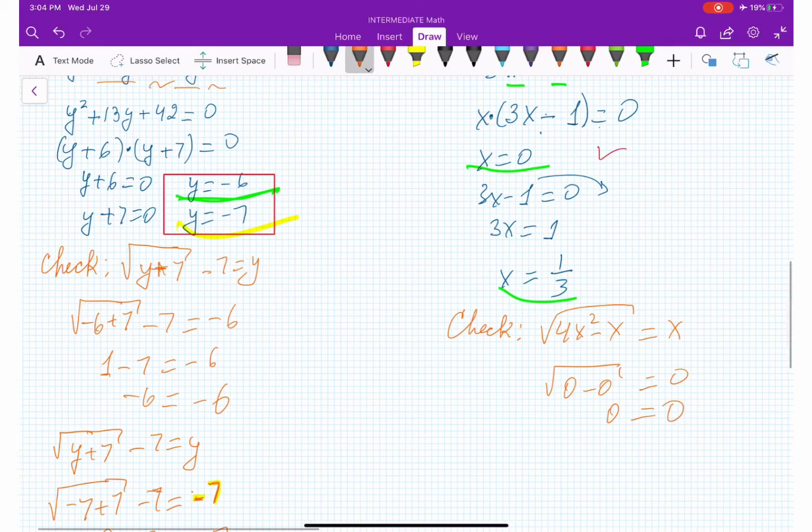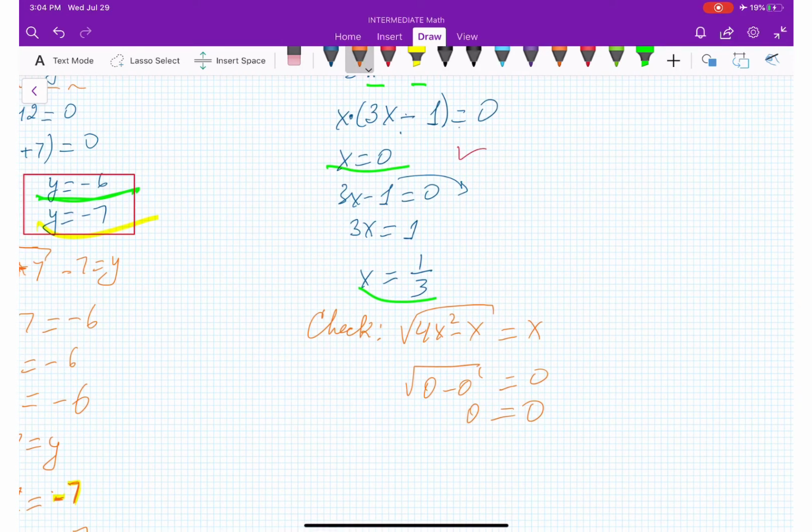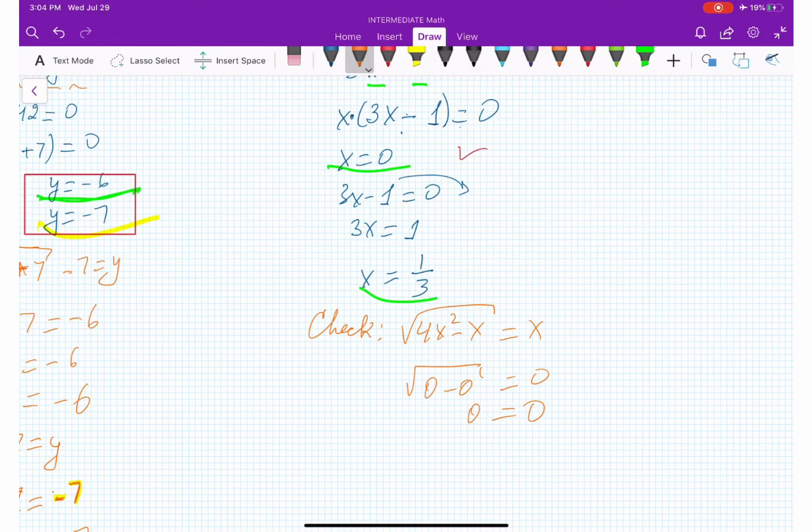Now second one, 1/3. So if I plug 4x squared minus x equal x, plug 1/3. So 4 times 1/3 squared minus 1/3 is equal 1/3.